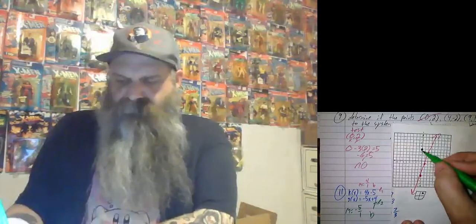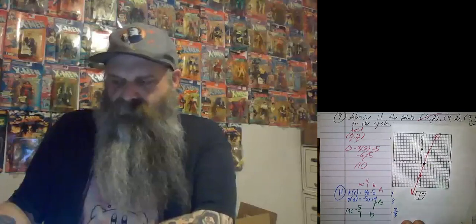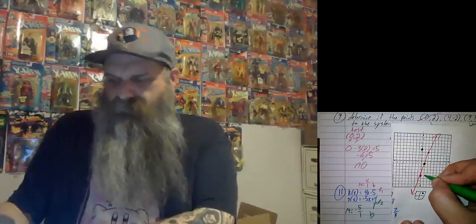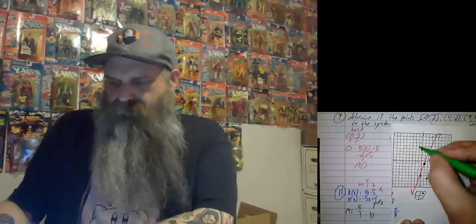So we will go down 5 and over 1. So down 1, 2, 3, 4, 5, and over 1. And there it is. I can do that again, 1, 2, 3, 4, 5, over 1. And then this is a steeper line.